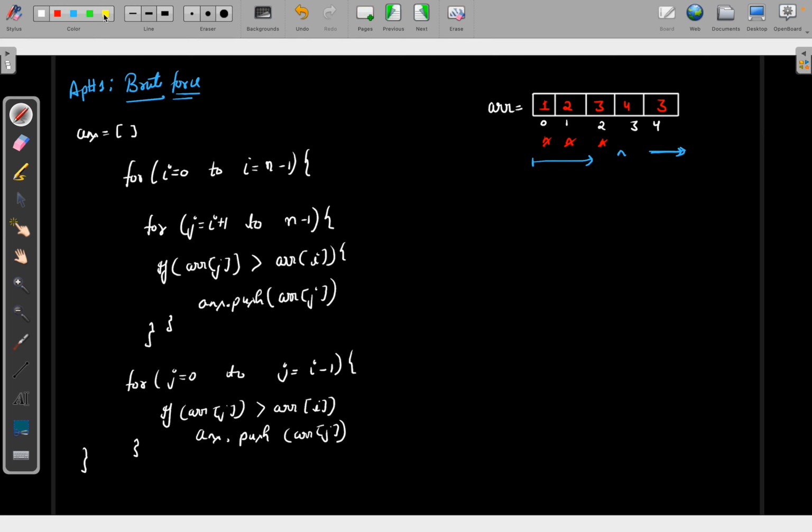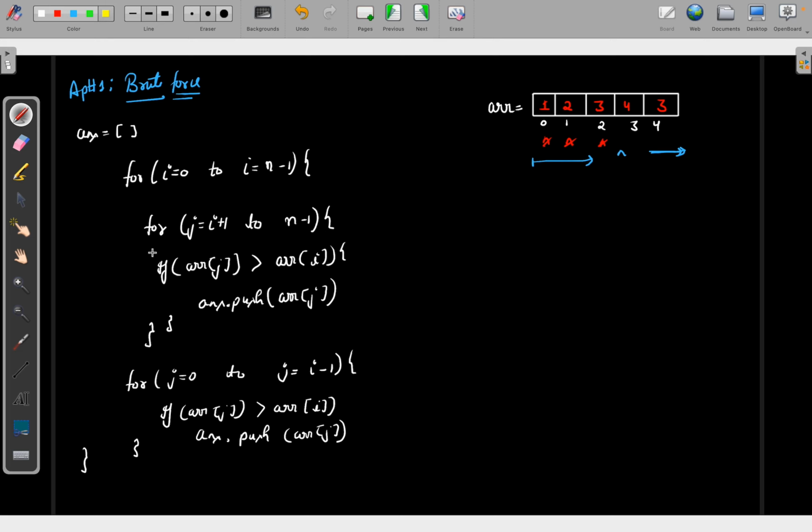But here you need to be a bit careful that you are starting from here, but you don't need to push two elements for the same number. So after pushing, you can set flag equals true and break it, and this loop will only run when flag is equal to false.